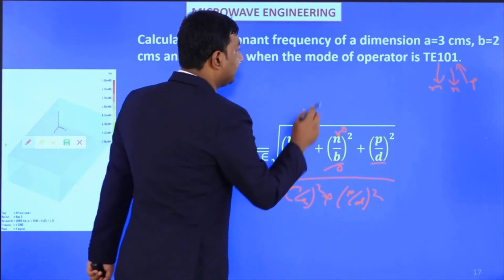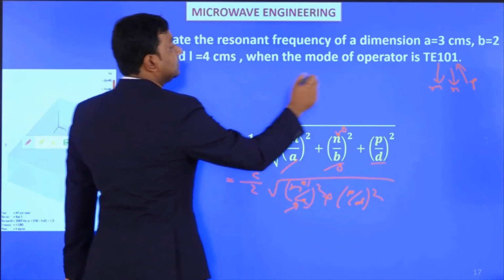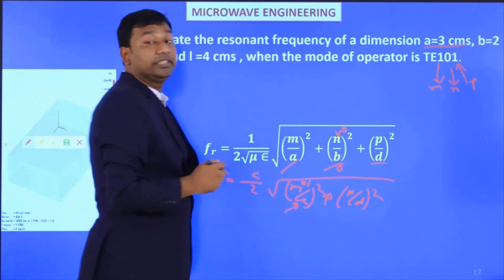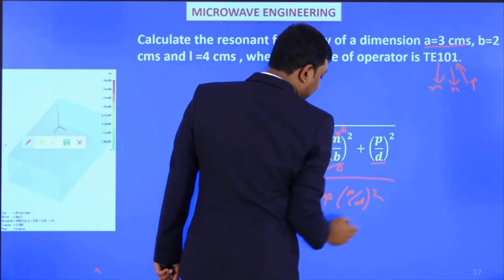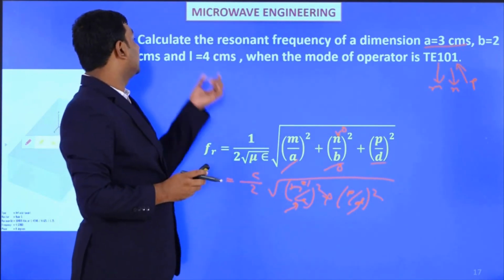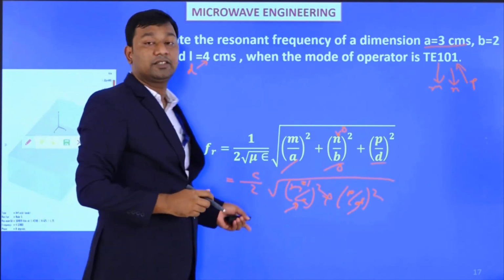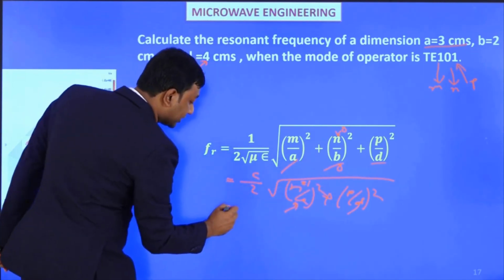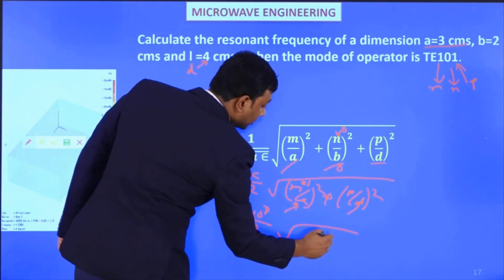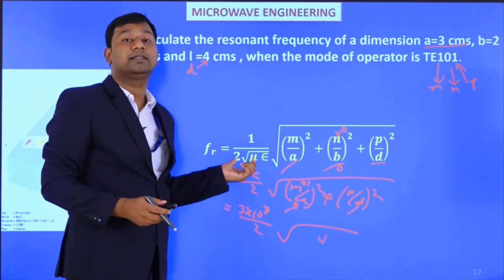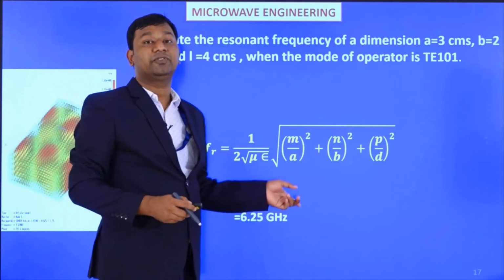Now put the values: m is 1, a is 3 centimeters, so 3 into 10 to the power minus 2. p value is 1 and the d value, the length, is 4 centimeters. C we know is 3 into 10 to the power 8 meter per second. If we put all those values, we will find the resonating frequency, which will be 6.25 gigahertz.